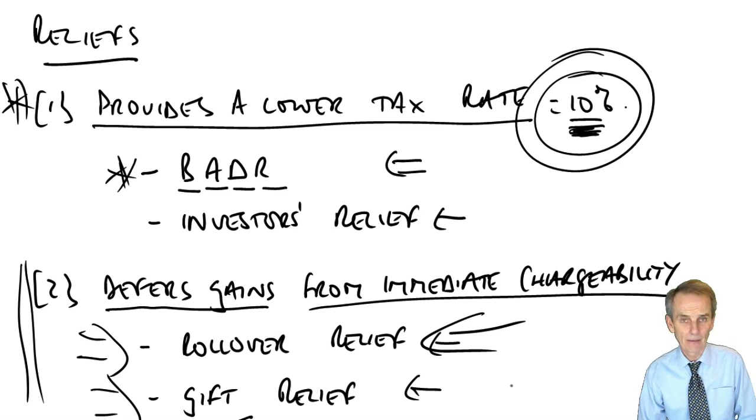Investors relief, that's the same name as it was before, as with all the other reliefs, if you've got a past history in taxation from previous studies. Investors relief stayed at £10 million in terms of the amounts available. Otherwise, basically the rules have stayed the same. Have a little pause before we get stuck into business asset disposal relief.